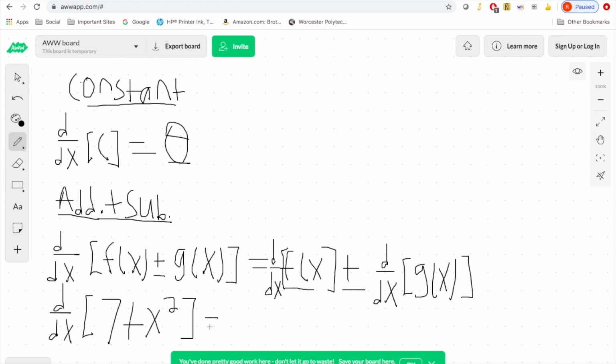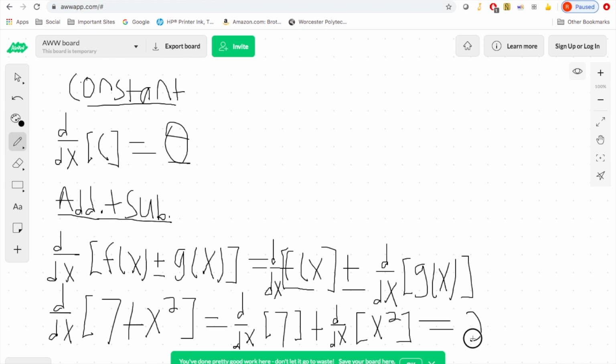So this is going to be equal to d over dx of 7 plus d over dx of x squared. We know the derivative of 7 is 0. We will learn in our soon-to-be-made power rule video that the derivative of x squared is 2x. And we'll go over why that is in that power rule video, so please check that one out. But for now, trust me, the derivative of x squared is 2x.